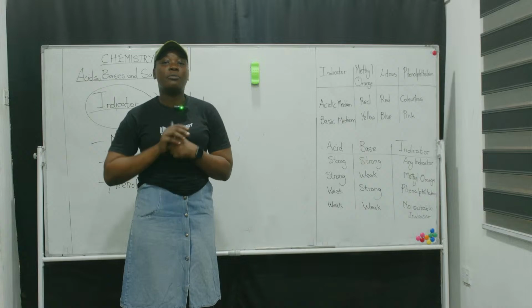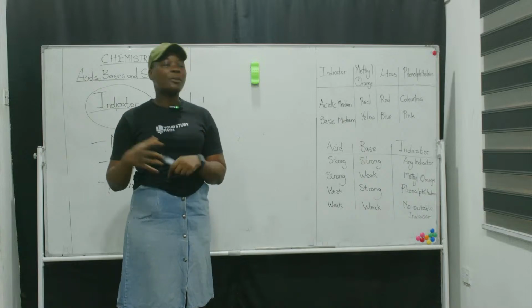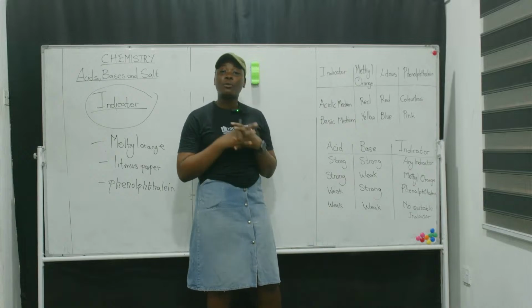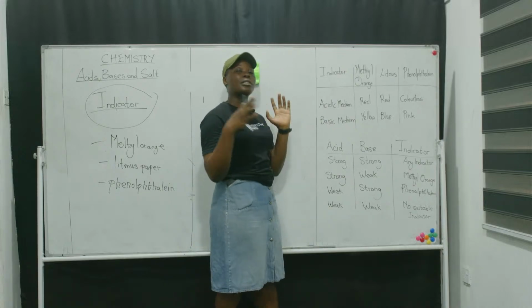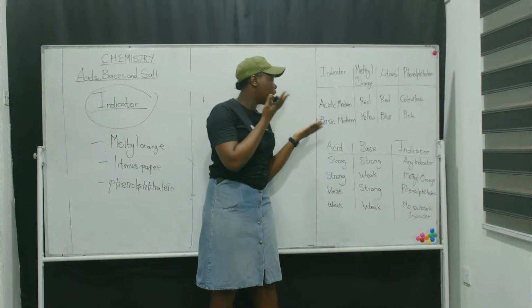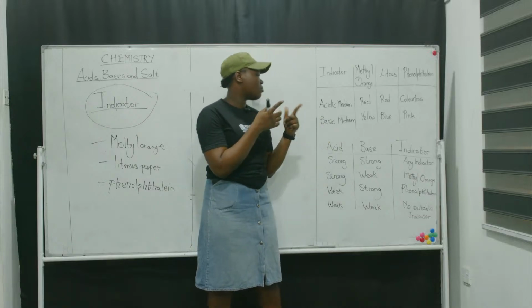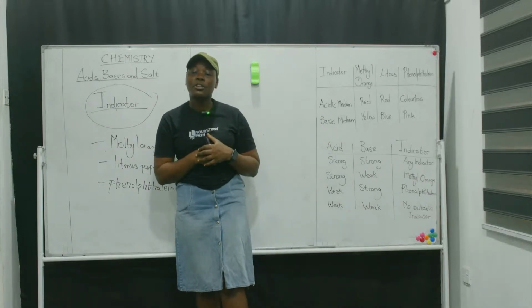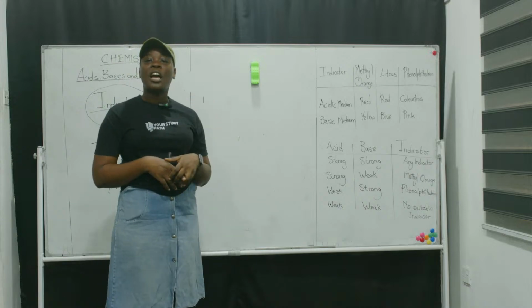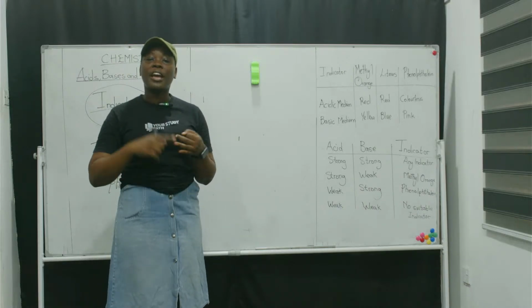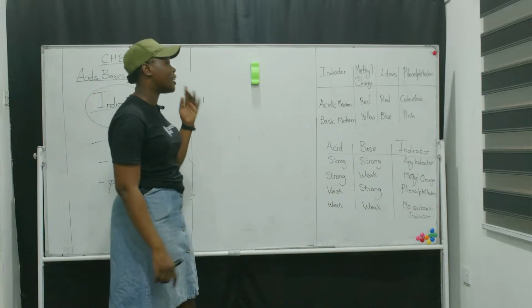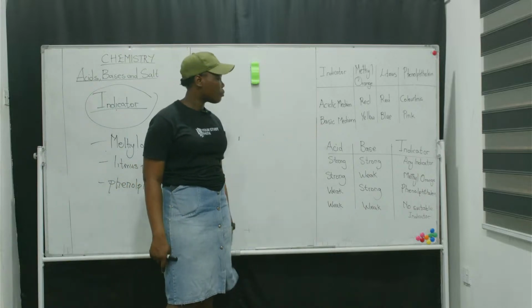I saw one before coming to this class, I think, on the color of methyl orange in acidic medium. We're given orange, red, yellow, colorless. Pick one. Definitely the answer is red.